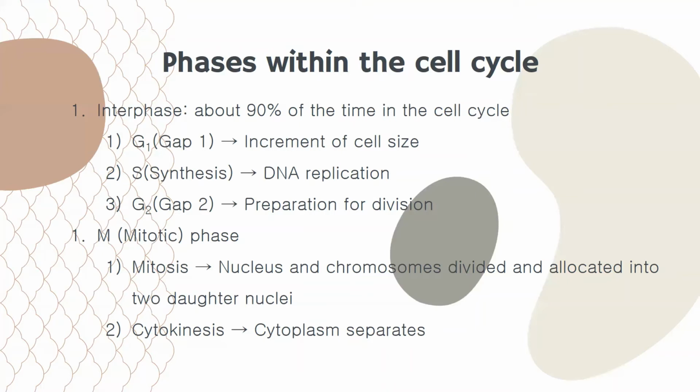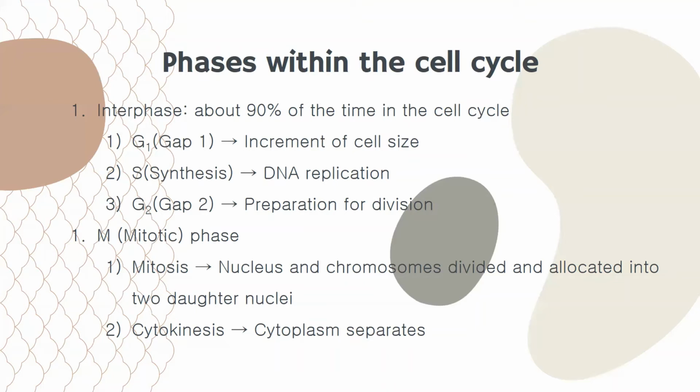Then next is M phase, the mitotic phase. This phase is basically mostly mitosis. I forgot to mention what mitosis is. Mitosis is a replication process that results in two daughter cells that have the same set of genes as the parent cell. Basically this is the most common process that cells go through in replication.